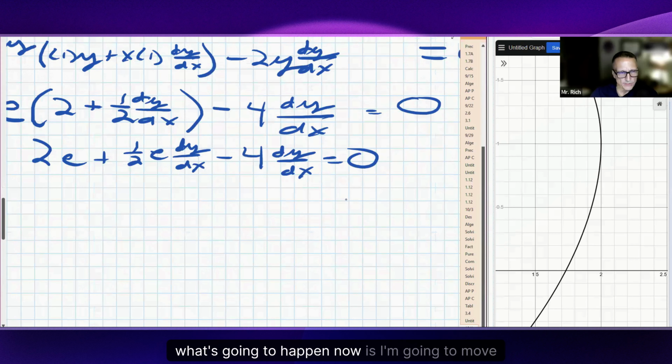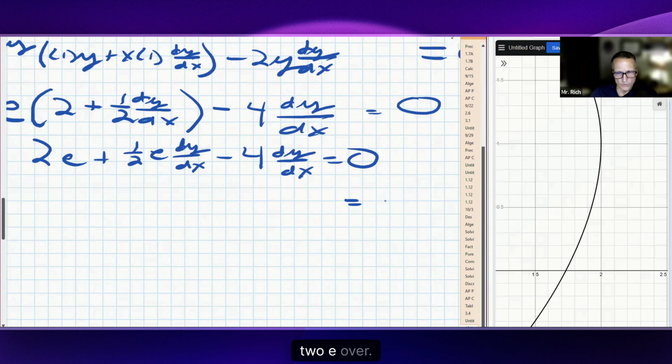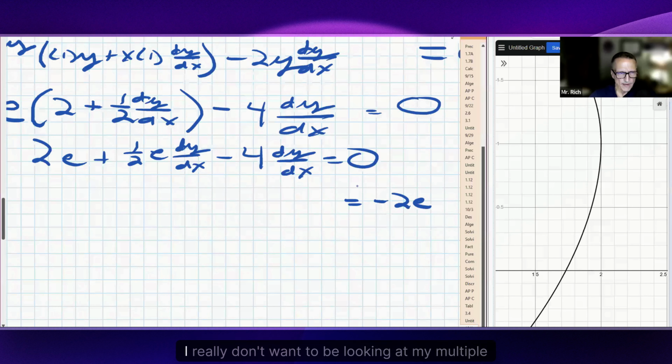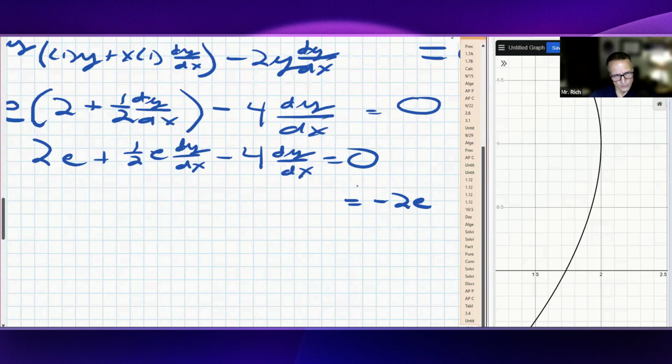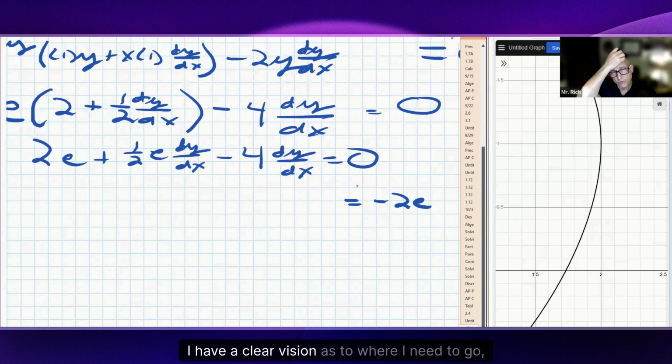Well, what's going to happen now is I'm going to move the 2e over. And my strategy on this really, class, is I really don't want to be looking at my multiple choice answers at this point. I have a clear vision as to where I need to go, and I want to just cleanly do it and then look at my answers and see what makes sense.